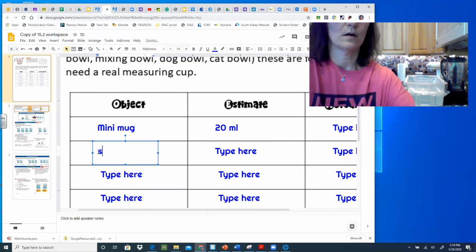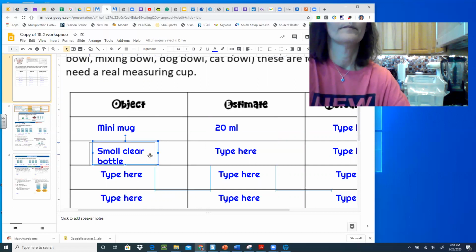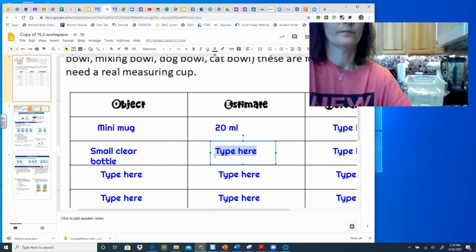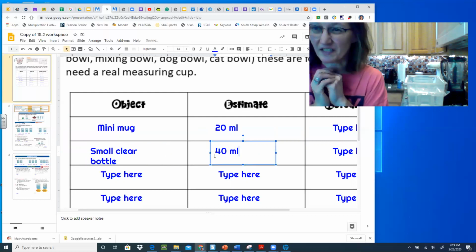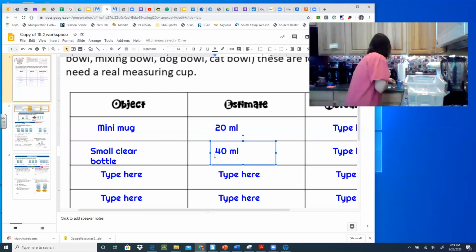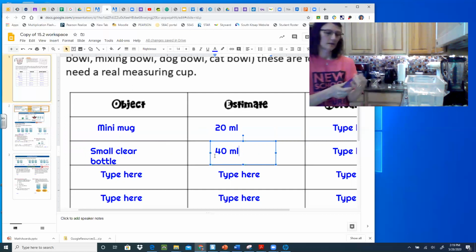So small, clear bottle. And I'm going to guess that it's going to hold 40. There's some markings on the side, but I'm trying to ignore those and just make a guess.